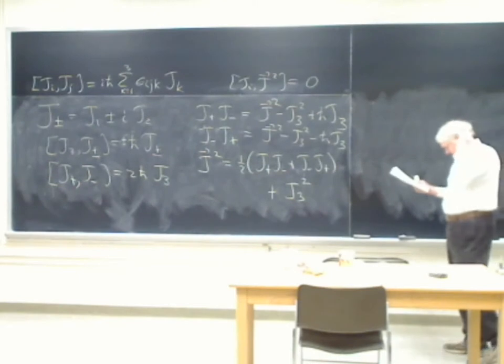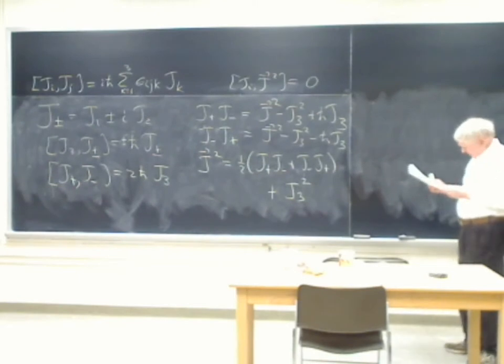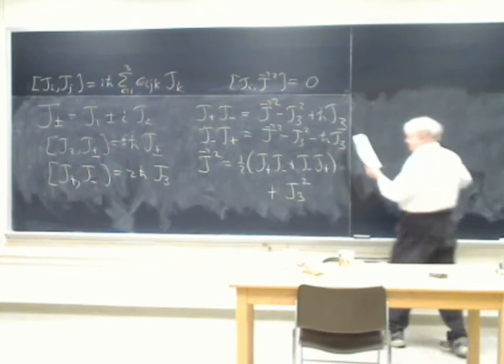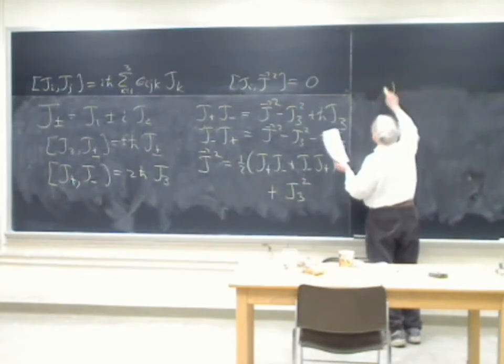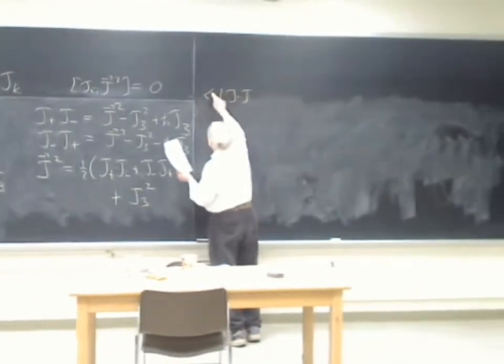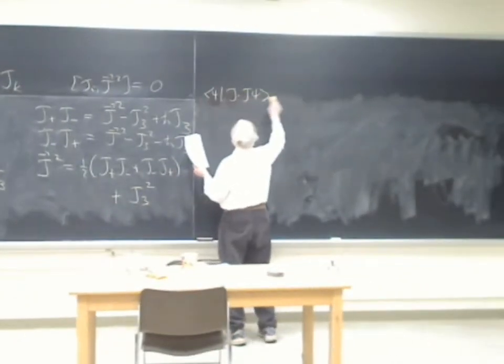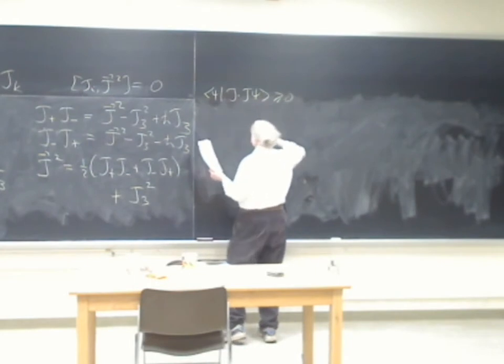I noticed last night, looking over my notes, that I really could have said something a little bit clearer about some of these things. In any event, we found that J dot J in any state psi was greater than or equal to 0.